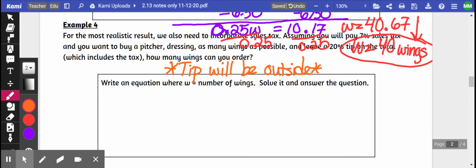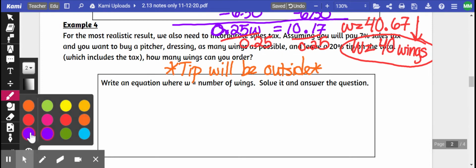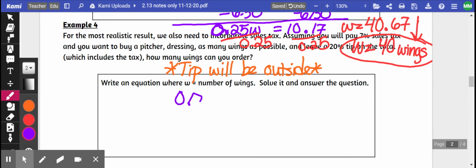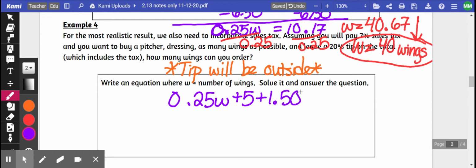Okay, so I'm going to include most of my equation that I had before, the 0.25W plus the $5 for the pitcher plus the $1.50 for the dressing. And I know that everything, I'm going to leave a little space in there, everything will end up equaling the $20.